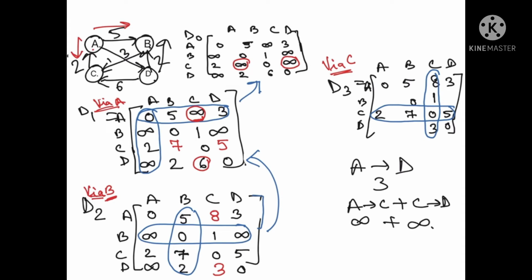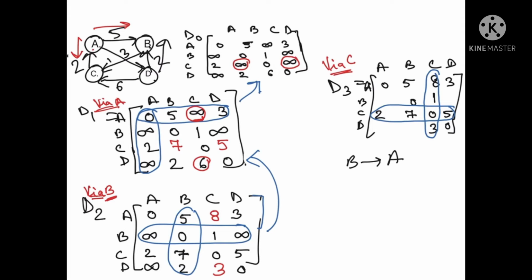Okay. Now B to A. The next one which we will see over here is B to A. So B to A is infinity. The other way is B to C plus C to A. So what is B to C? That is 1. Correct? B से C कैसे जा रहे हैं? 1. And then C to A is 2.